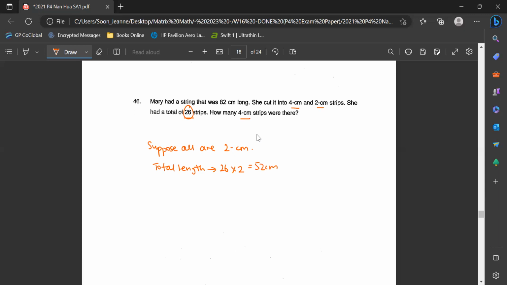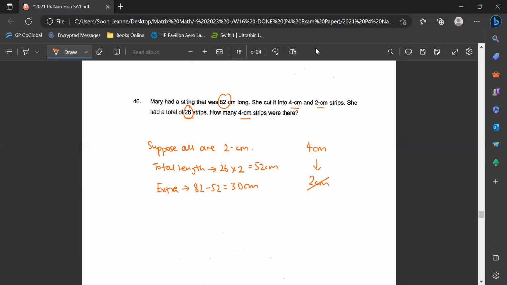But then this string is not only 52. This string is actually 82 cm. So there's extra length that we need, right? So you take 82 minus 52, 30 cm. We need 30 cm extra. But so now, if this is 2 cm, I'm going to exchange for a 4 cm.